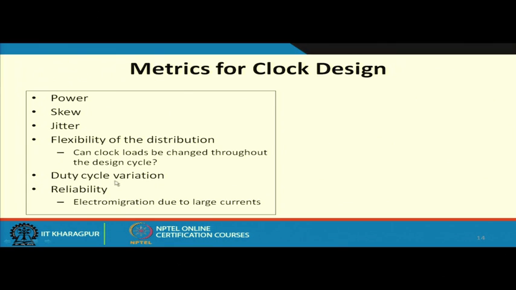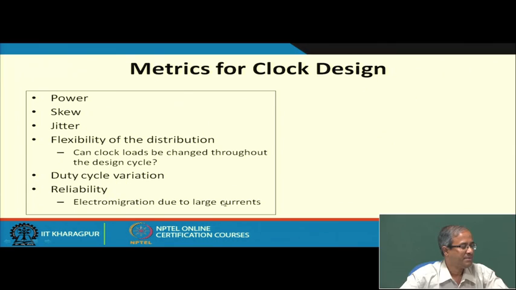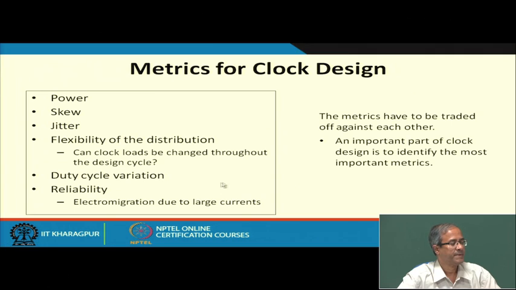Then, how much duty cycle variation it can tolerate, and of course, reliability. Because of large current flows, there should not be some variation in the physical properties due to electromigration, which might lead to wrong operation.